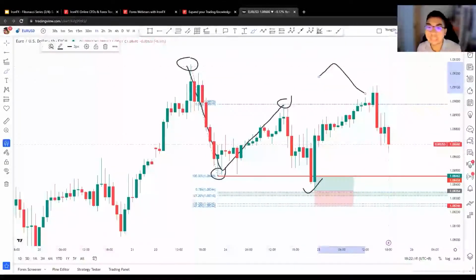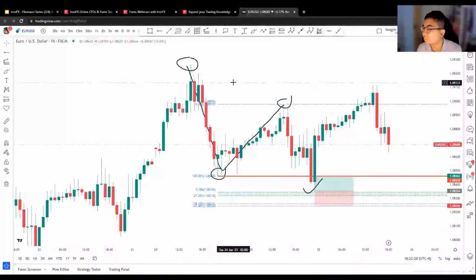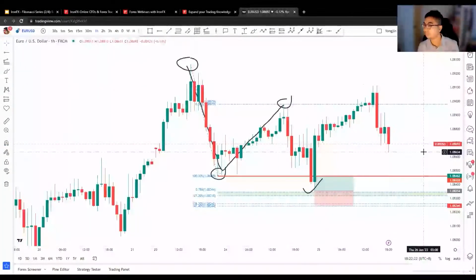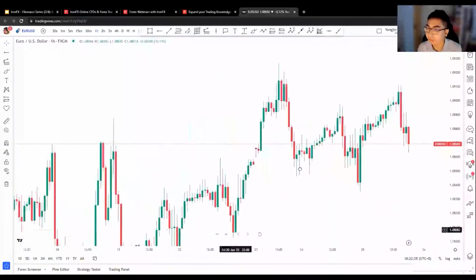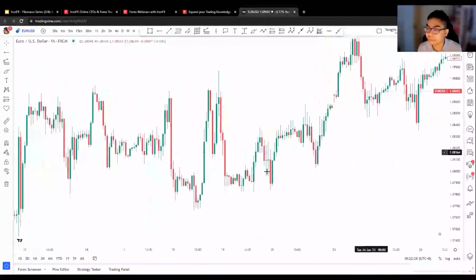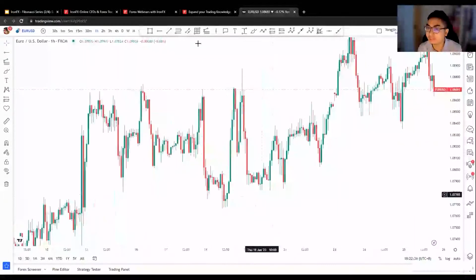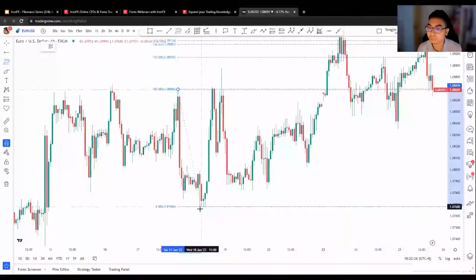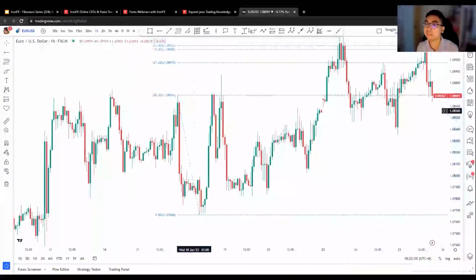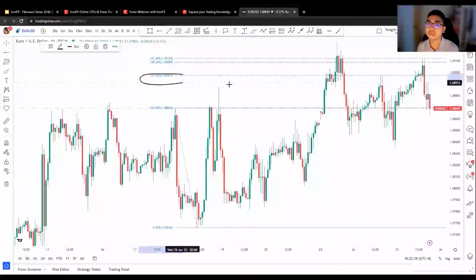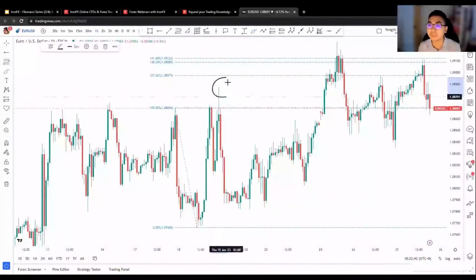So let me try to find an example for that. Right, give me a moment. Let me find it. So this is quite a clean setup. It didn't hit. It's nowhere close towards the 127.2. I'm looking for price to be potentially close to that.